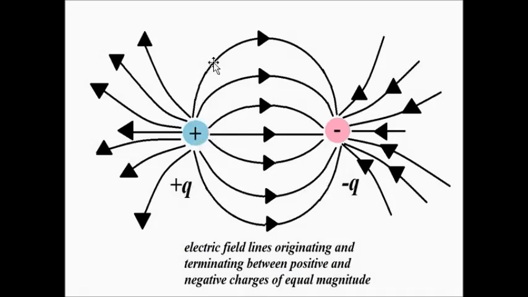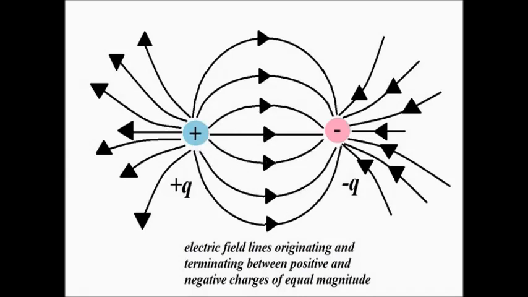The field lines originate from the positive charge and terminate at the negative charge, again and again. You can see that no two field lines are crossing each other. No intersection between the field lines.